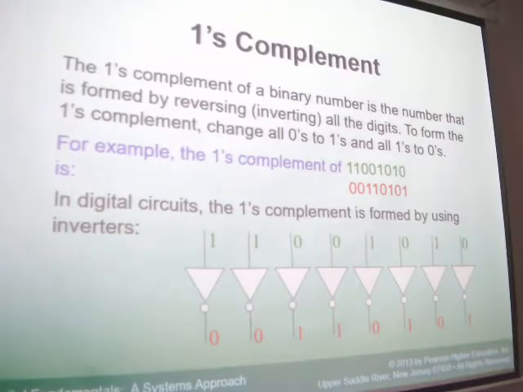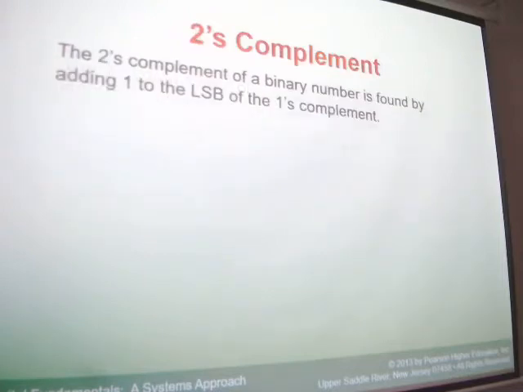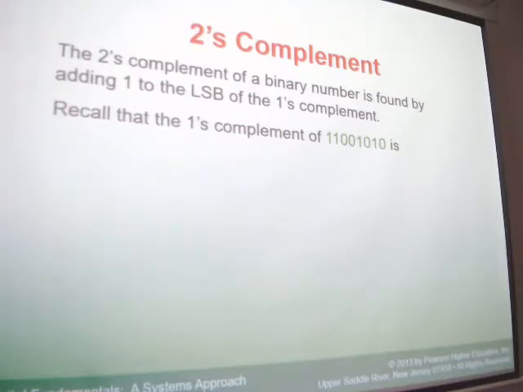Ones complement and twos complement. Twos complement is made by adding 1 to the LSB of the ones complement.